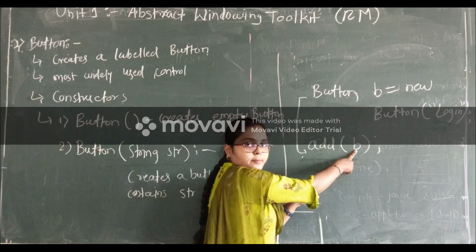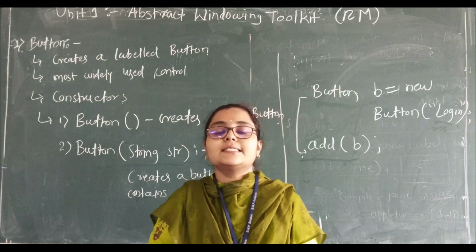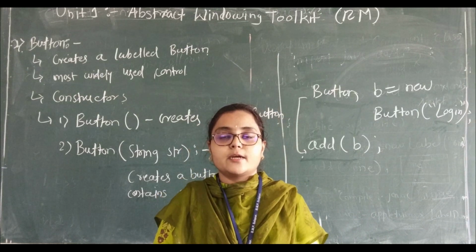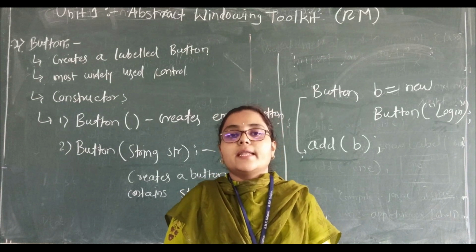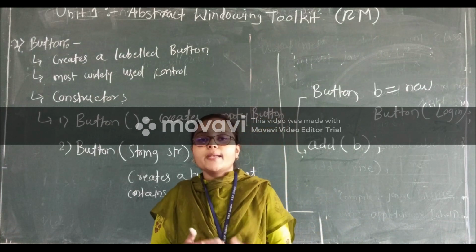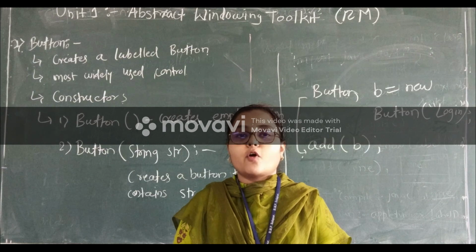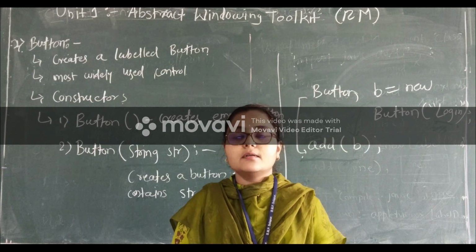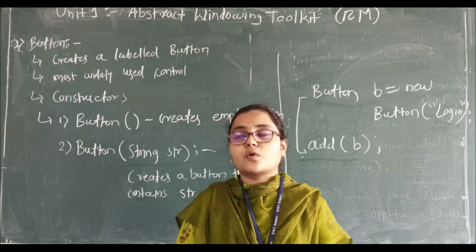So in today's lecture we discussed these three main aspects of AWT control, which are user elements, layout and behavior, and some common methods used by the Component class. For example, there are the add method, setLayout method, setVisible method, and so on.